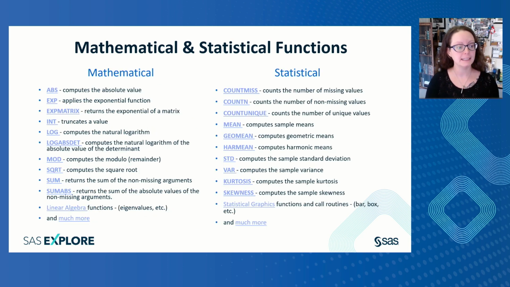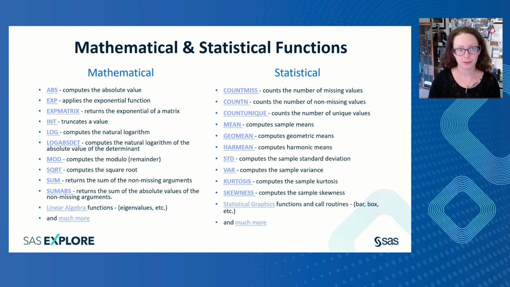This is just a list of some of the mathematical and statistical functions that you can find. For the most part, mathematical functions are especially useful when you're doing data transformations, or because you're trying to address assumption violation, or if you just need to do a slight tweak on a data element because it's not quite in the exact format that you need.